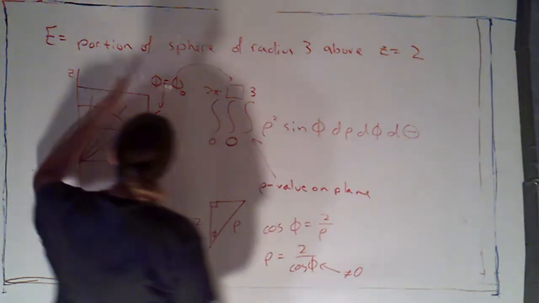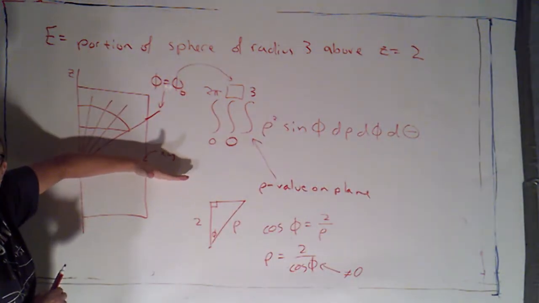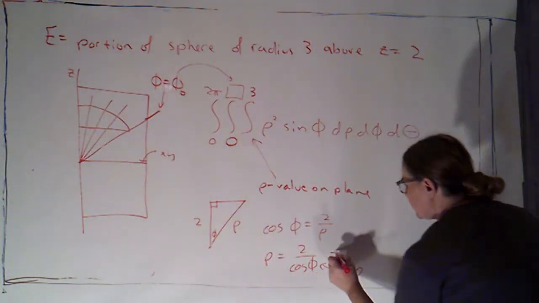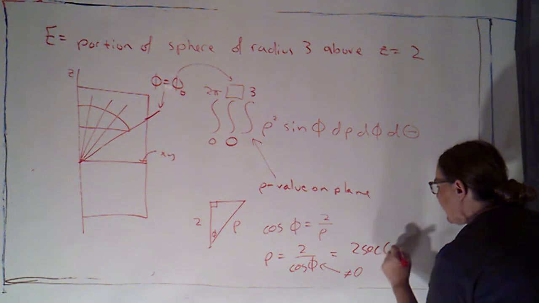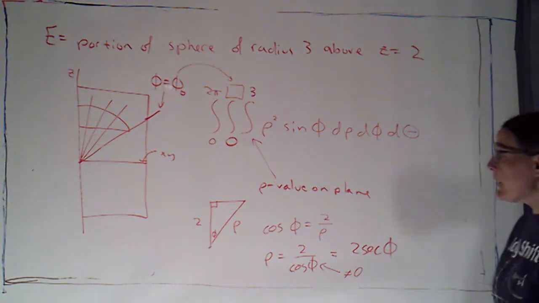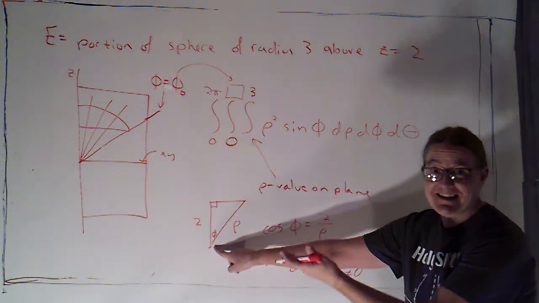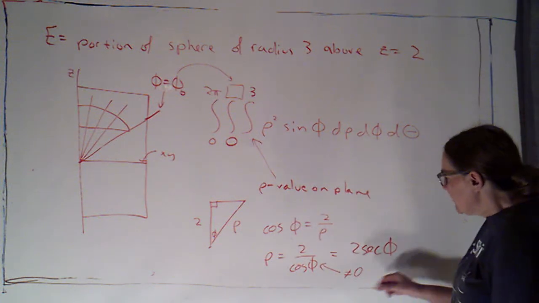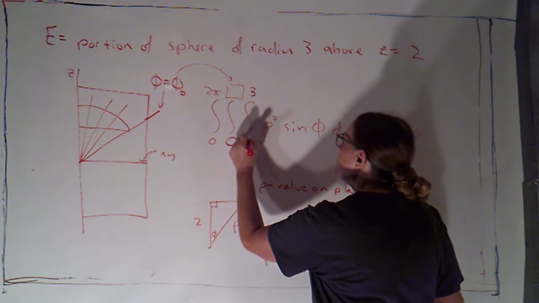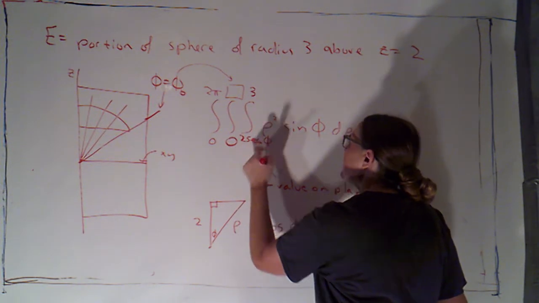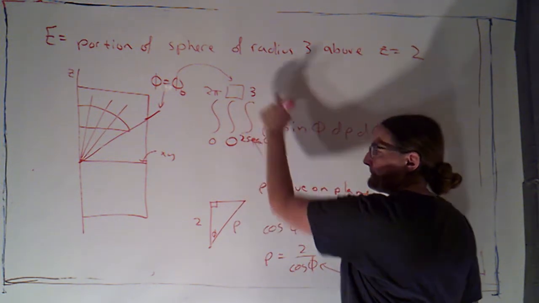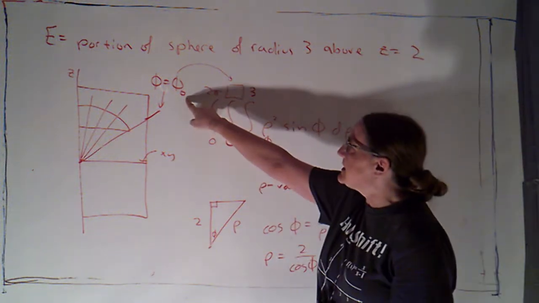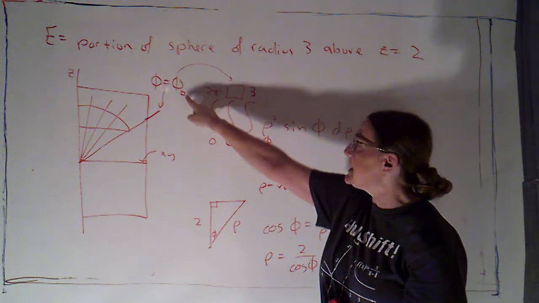We're not rotating all the way down to pi over 2, because we're not going to hit the xy plane. Okay. So probably simpler to just call this 2 secant of phi. And if I wanted to, I could have gone straight from here to secant. I'm just more used to working with cosine, so I started there. So my rho value is going to be 2 secant phi to 3.